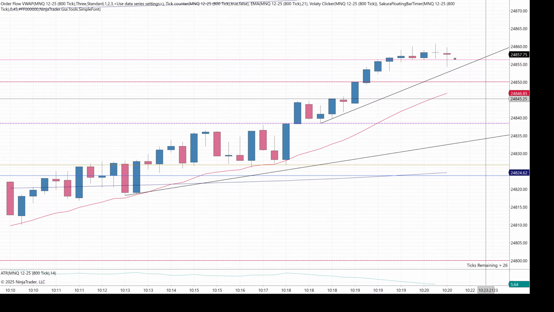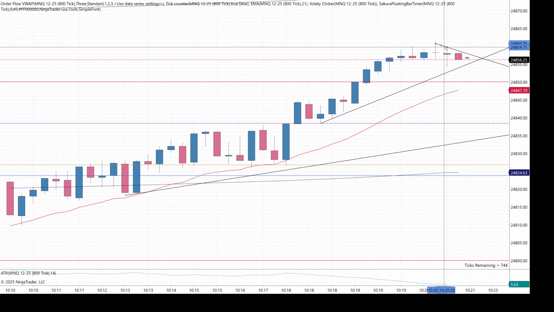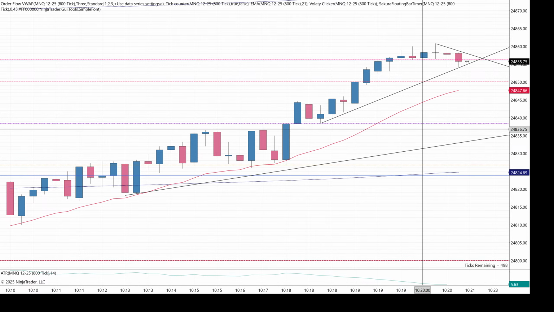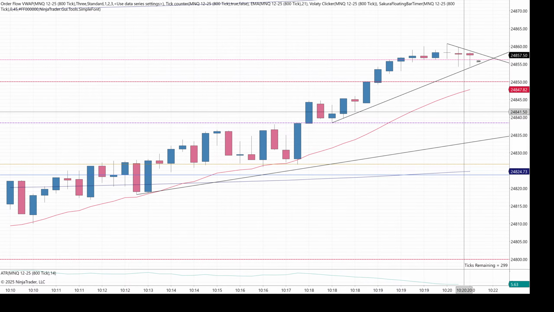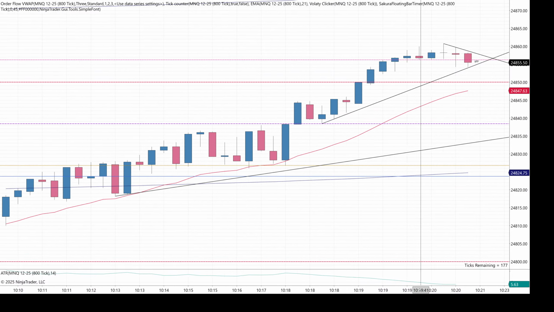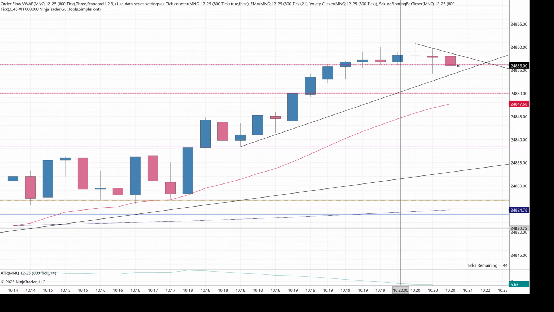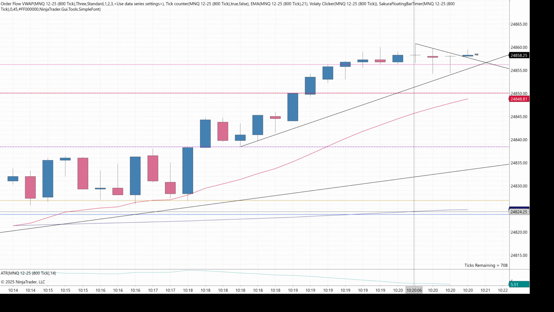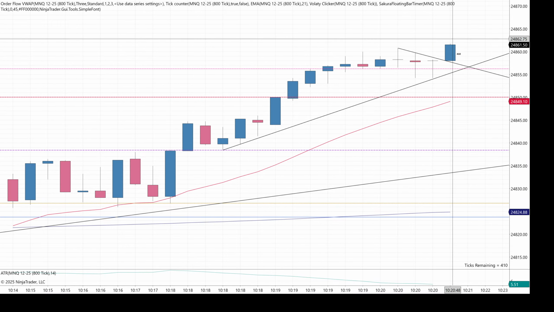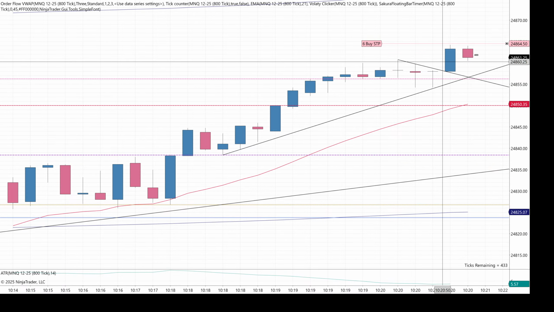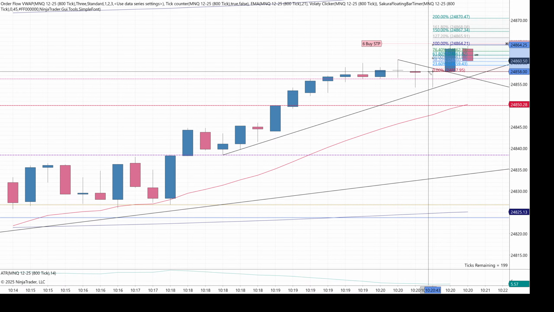Okay, the runner's out now. Okay, this is going to be our signal north here, this candle. If it triggers.